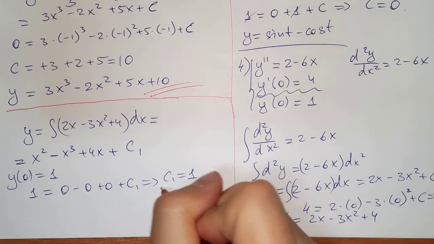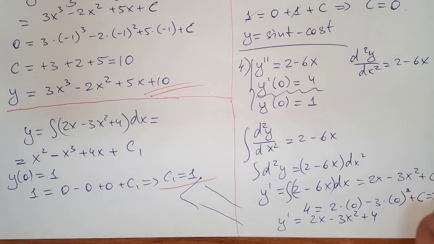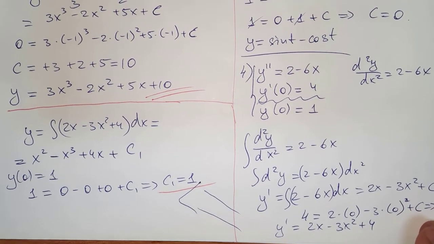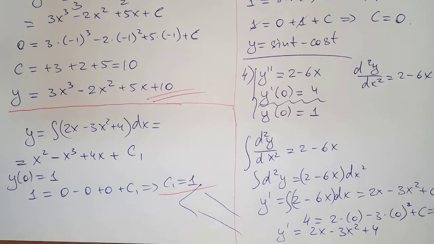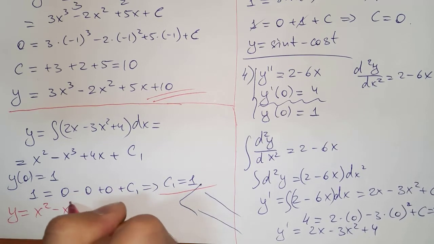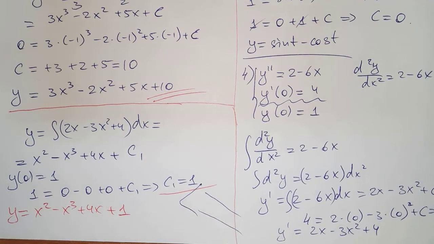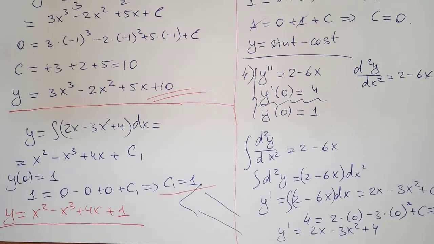Now we have these two constants, and y is now equal to x squared minus x cubed plus 4x plus 1. So this is the final solution. We found our y.